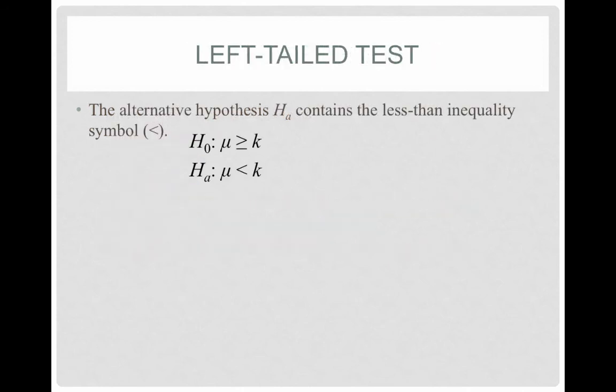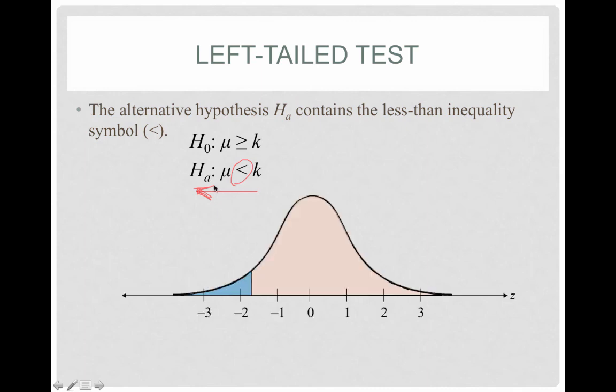When the alternative hypothesis contains the less than inequality, we're dealing with a left-tailed test. So less than, all right, it's very, very easy, very common sense to think about. A less than symbol points to the left, hence a left-tailed test, because we're dealing with the left tail of a distribution.